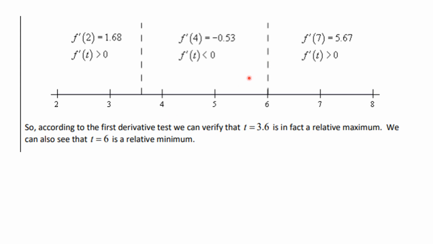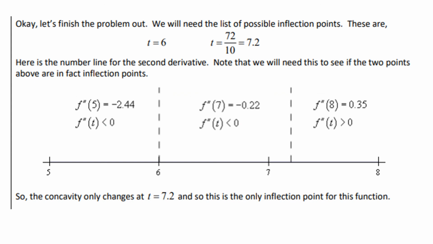And over here we go from negative to positive. And again, it doesn't matter that it doesn't exist there because the critical point was one where it did not exist. But you see that that is also a minimum because we went from negative to positive with the first derivative.